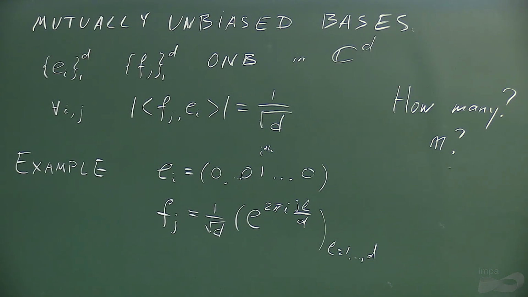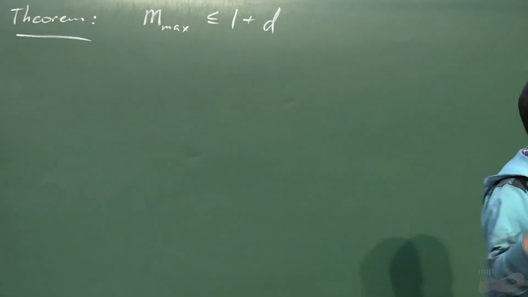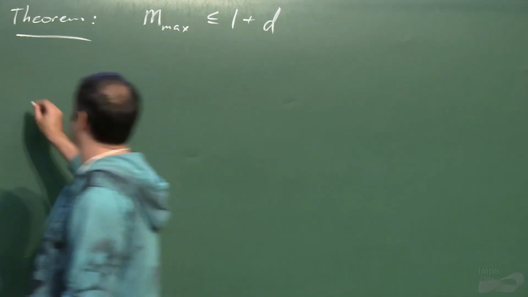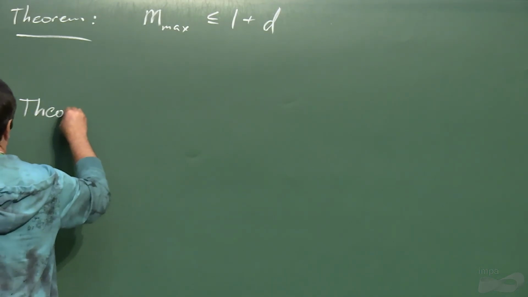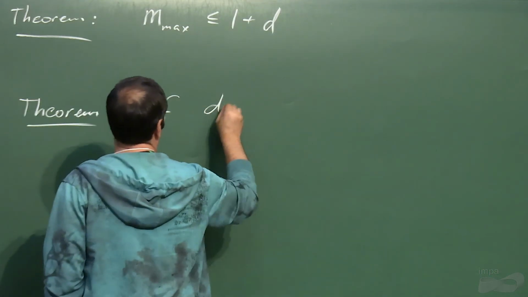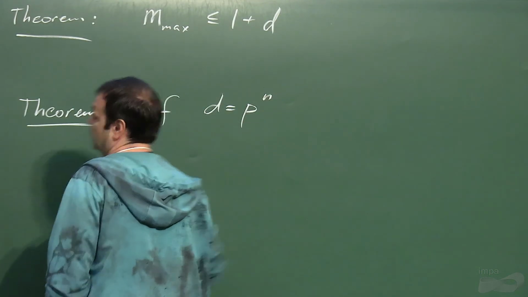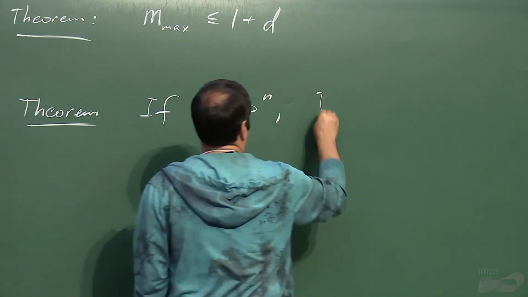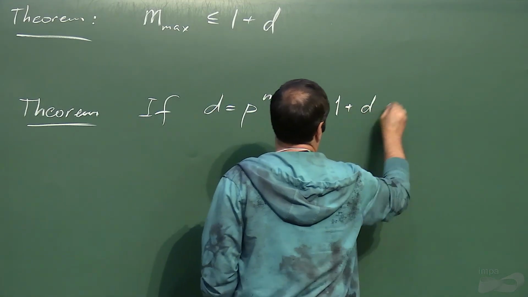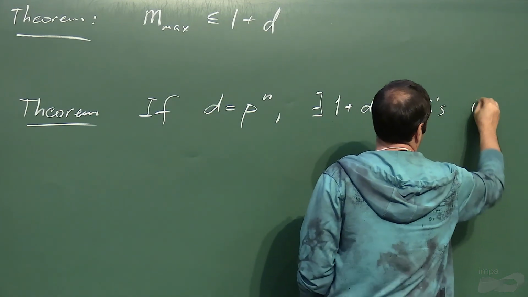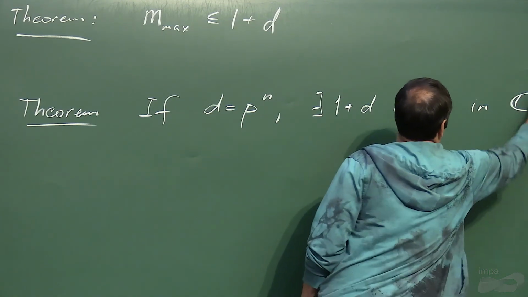There are also several known constructions that tell you that this can actually be achieved if the dimension is a prime or a prime power, then there exist 1 plus d mutually unbiased bases in C^d.